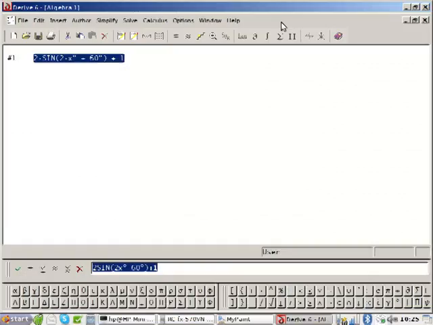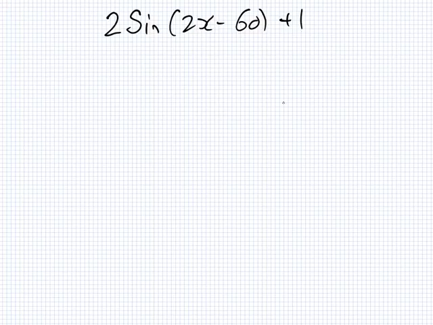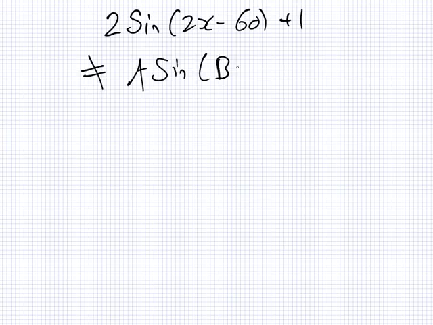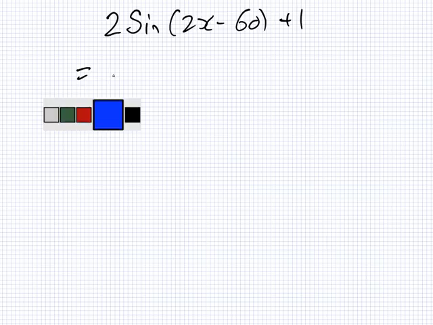2 sine 2x minus 60 plus 1. Please note, this is not yet a sine B(x minus C) plus D. It nearly is, but we'll have to make one small change to it first. So the A is definitely 2.